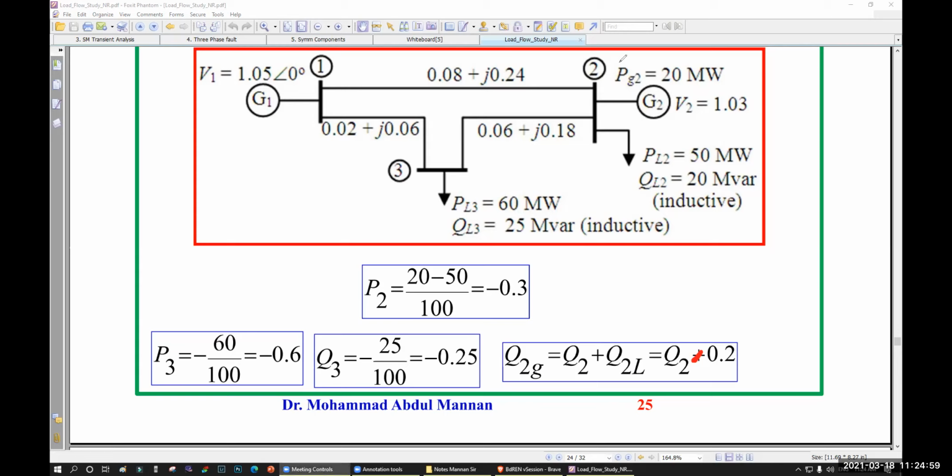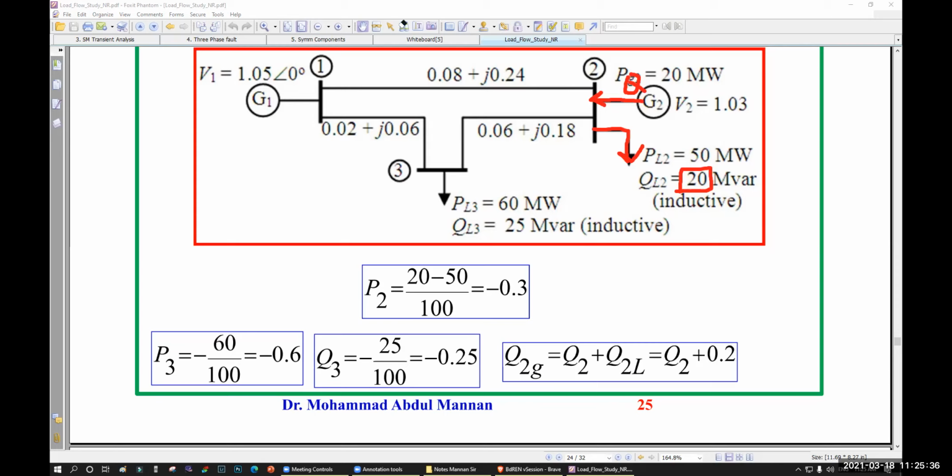Now here, we do not know how much Q this generator is giving. This load is taking 0.2, we know that. But how much Q this generator is giving, we do not know. That's why we will write Q2 plus. Oh no, this is not a mistake. This is my mistake, because here Q2 is on this side.